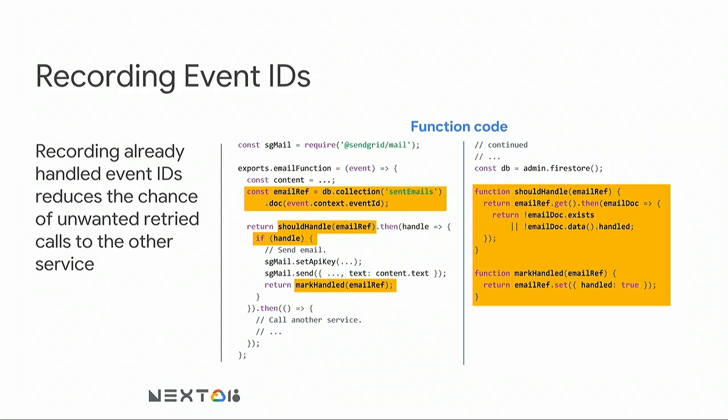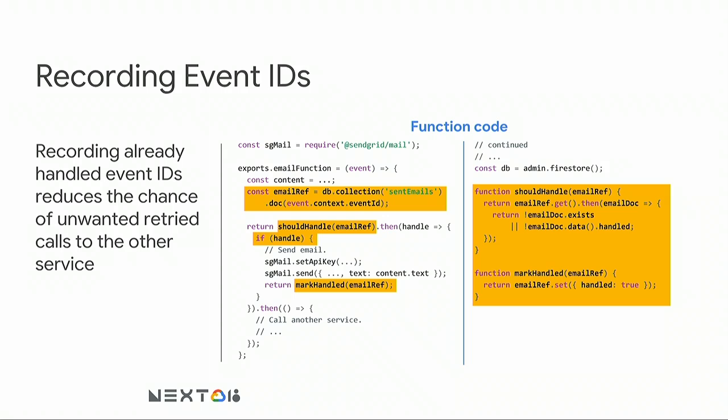In this section, we first check by querying Firestore whether the event was handled. And if it was not, we execute the non-idempotent section and then store the event ID as handled in the Firestore database. This way, the chance of unwanted retry calls to the other service or duplicate emails being sent are greatly reduced.